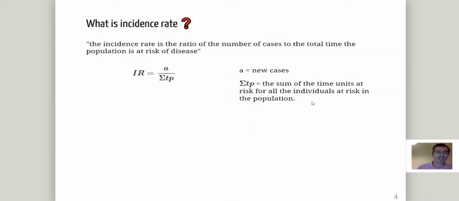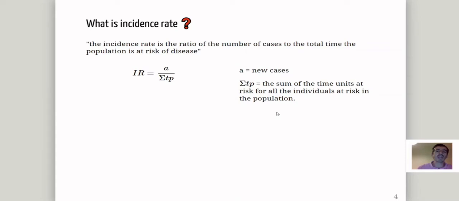This is the parameter that we need to spend some time to obtain, but it's quite easy. And we will have two examples, actually, where you can see how we can calculate the incidence rate.